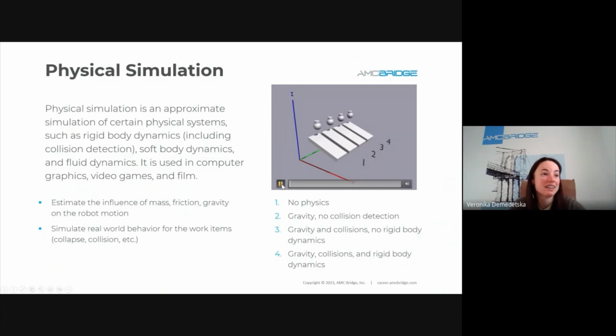In the second option, we don't have collision detection. Okay, we have gravity, but no collision, and you can see we are still far from a realistic description. For number 3, we don't have rigid body dynamics.